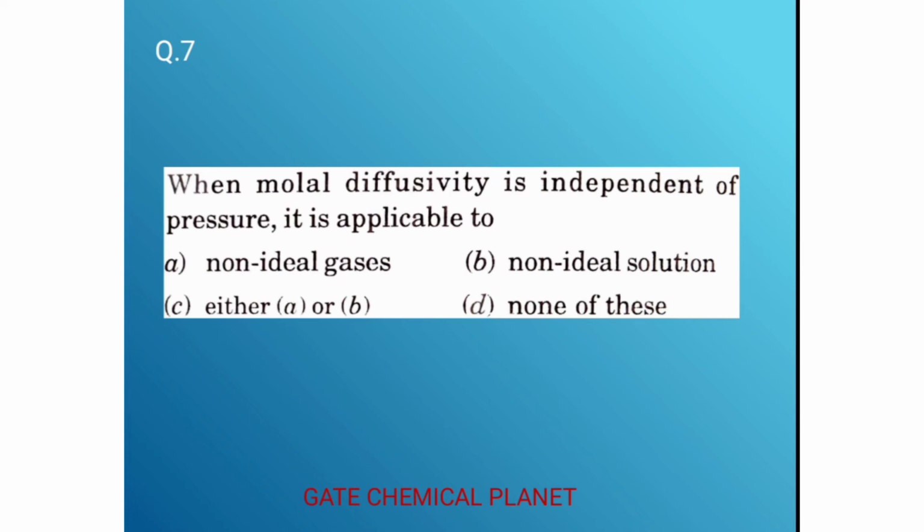The molar diffusivity means DAB, which is independent of pressure. For which cases? For non-ideal gases and for non-ideal solutions, the diffusivity is independent of pressure. So it is a very important question and an easy question also. So either A or B. Now move on to the next question.